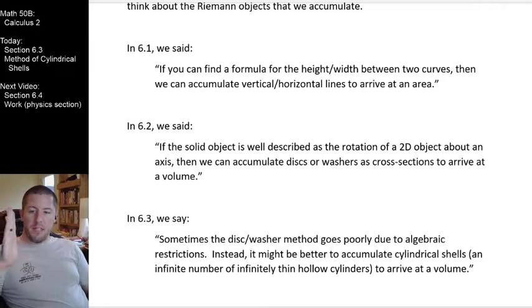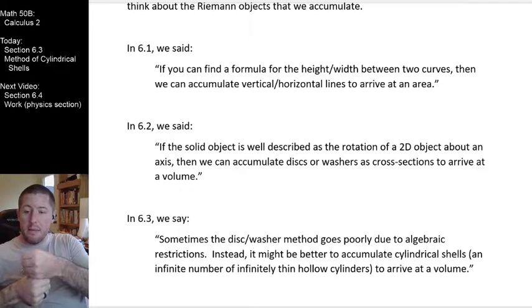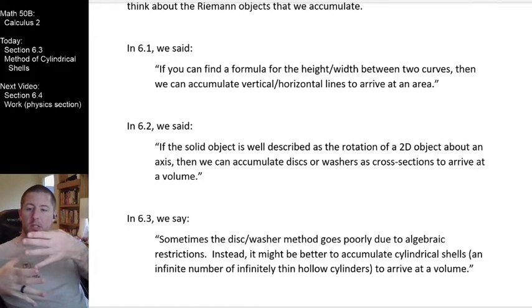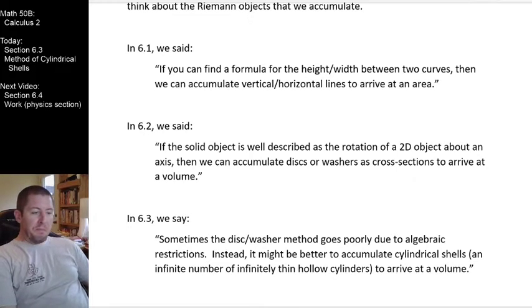So instead of thinking of accumulating area as sticks from left to right, instead of thinking of accumulating volume as disks or cylinders vertically stacked, we're now going to think about accumulating our volume as cylinders, one of every radius, to fill out the volume of an object.